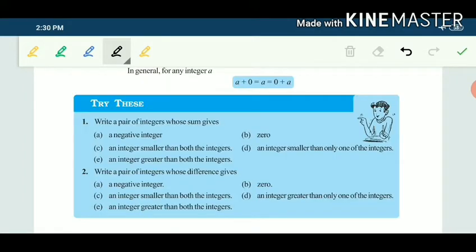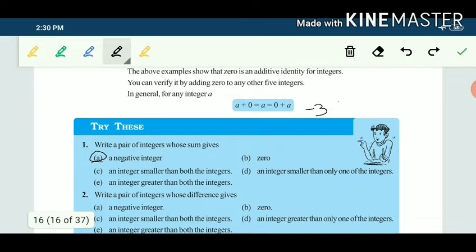Now some tries are given. Write a pair of integers. Pair means two integers whose sum, whose addition, is, in part A, a negative integer. Take an example like minus 3 plus 2, that is equal to minus 1.